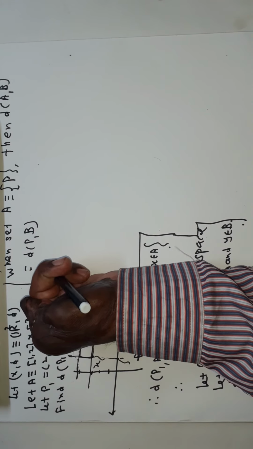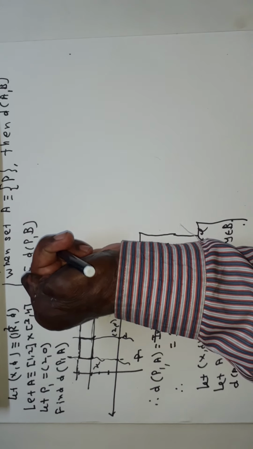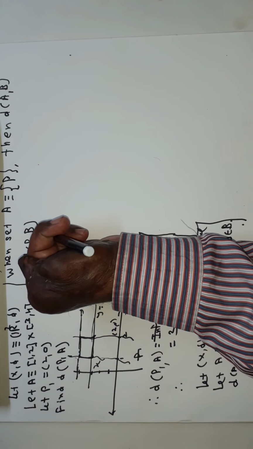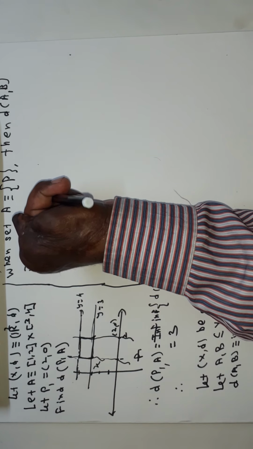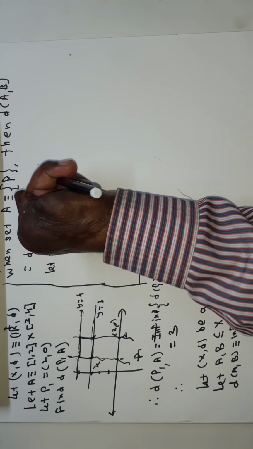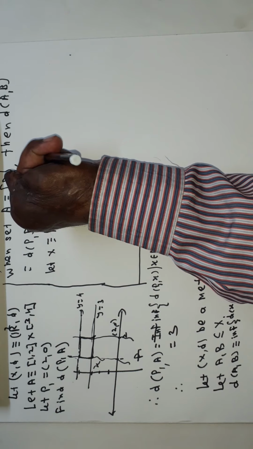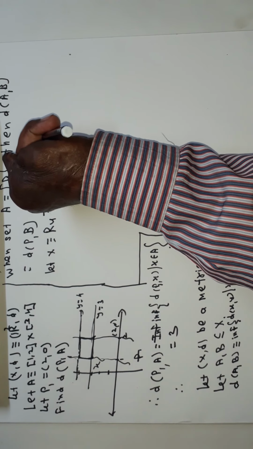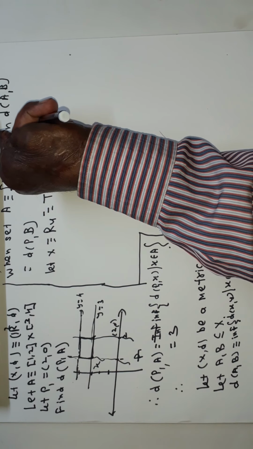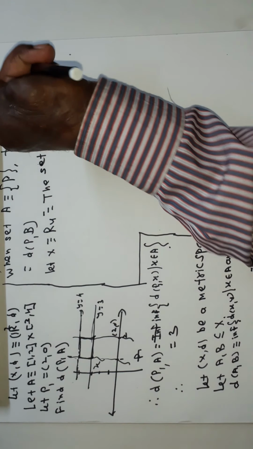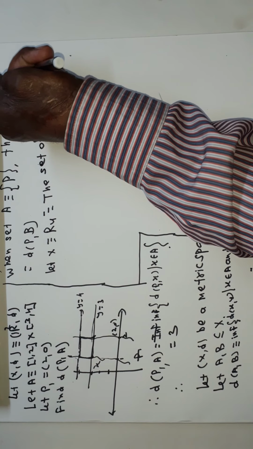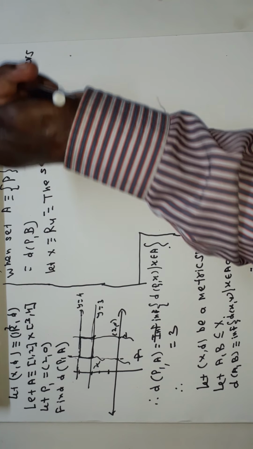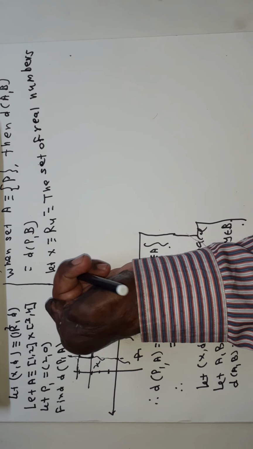Let (X, d) be R with the absolute value metric, the set of real numbers with the absolute value metric.